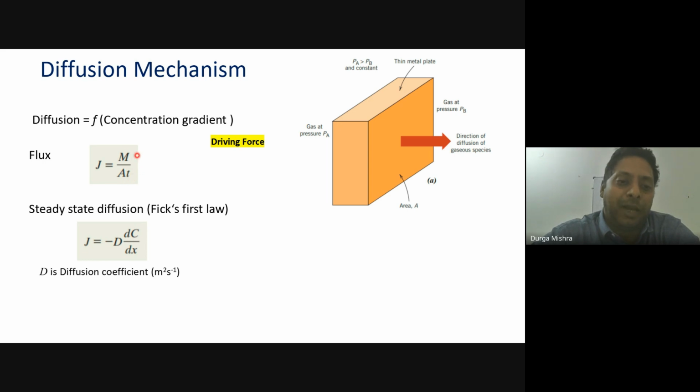This will be the flux. This is a typical term used when we discuss the flow of something. When we talk about the flow of water, there also we talk about the flux, that is, how much volume of water is moving across a cross section over a time.